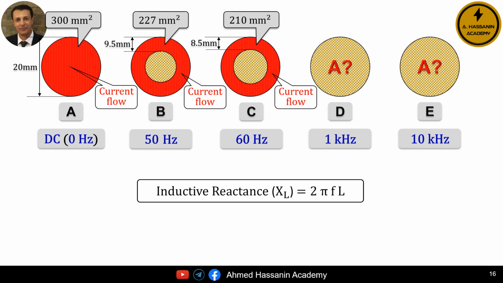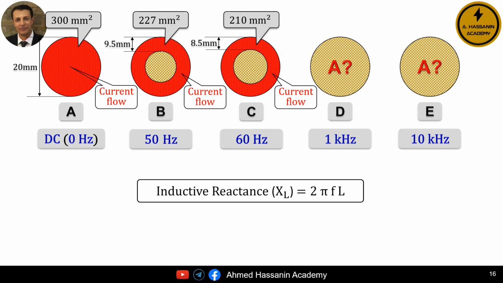Therefore, the alternating current at 60 Hz will flow through the outer layer of the conductor with a thickness of approximately 8.5 millimeters, which is less than the thickness at 50 Hz. Consequently, the cross-sectional area of the conductor through which the alternating current flows at 60 Hz will be about 210 square millimeters, which is less than the cross-sectional area at 50 Hz.